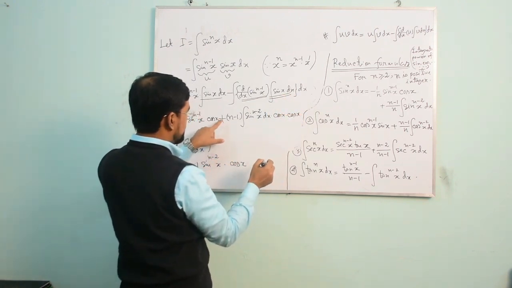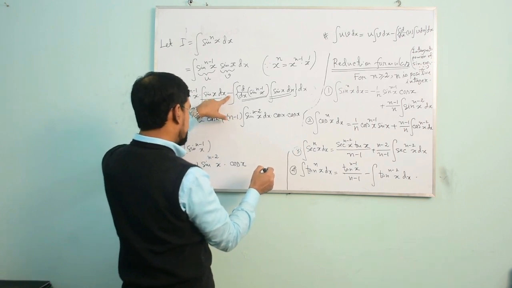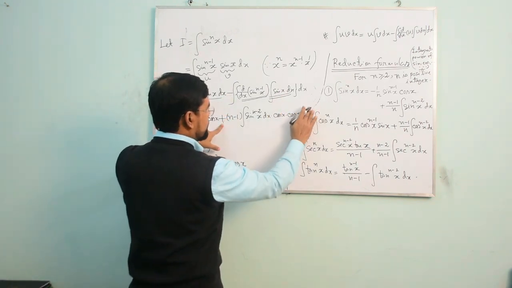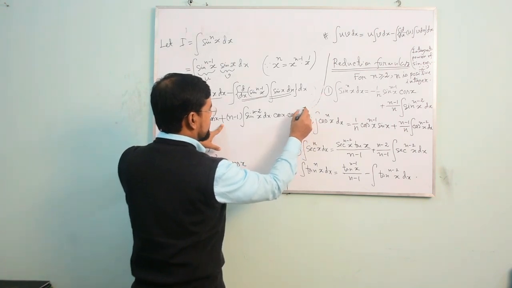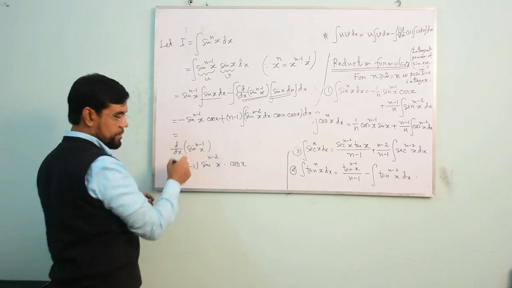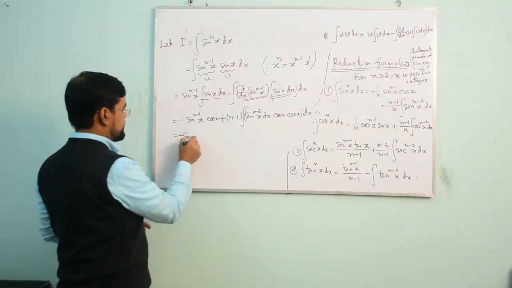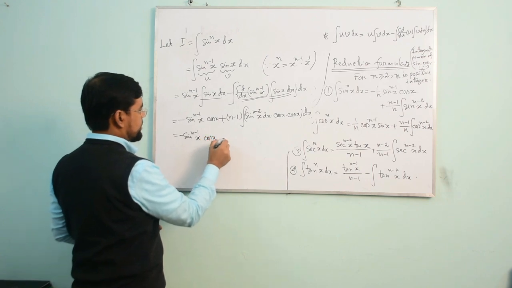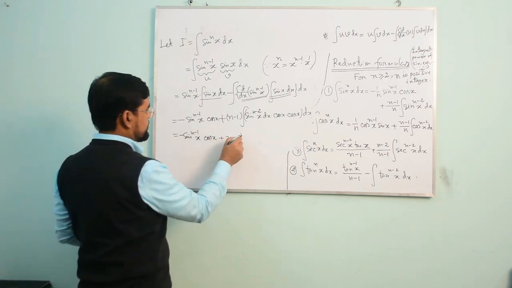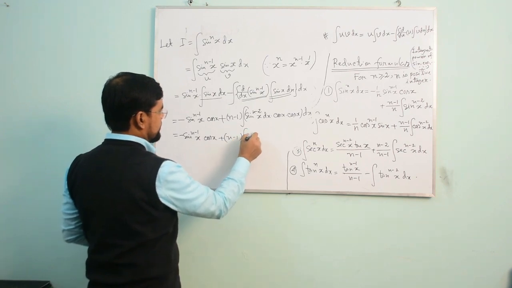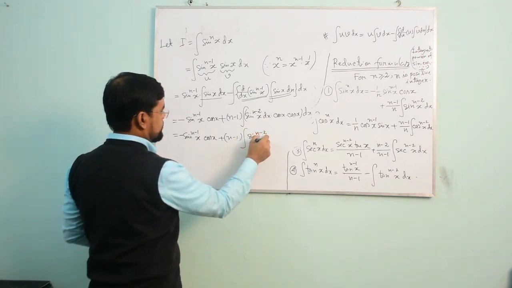We already make this minus into plus because of the negative sign, so this equals negative sin to the power n minus 1 of x cos x plus n minus 1 into the integration of sin to the power n minus 2 of x into cos square x dx.